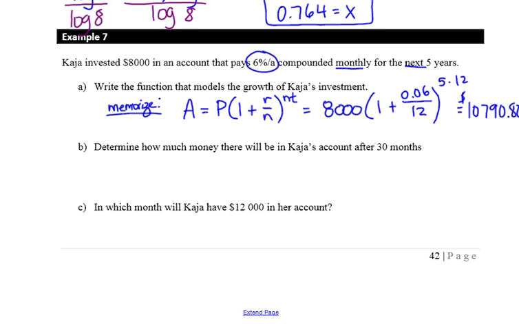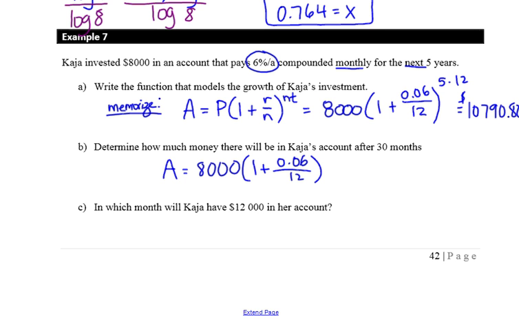Determine how much money there'll be in her account after 30 months. So this is what you have to be careful of. This time, the only thing that changes is the number of compounds. If it's compounded monthly for 30 months, how many compounds do we have? 30.